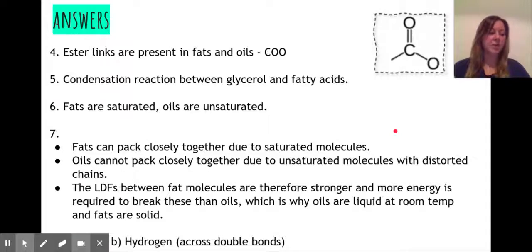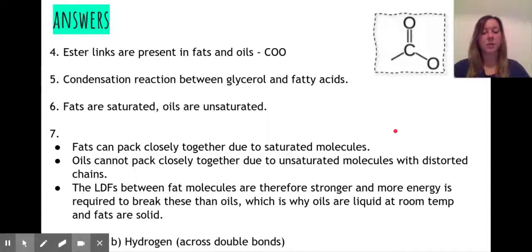Now, number 7 is a 3-mark question, which means we're going to need 3 points for full marks. Fats and oils have similar structures, however, oils tend to be liquid at room temperature, whereas fats are solid. In terms of the structure of fats and oils and the intermolecular forces involved, explain why this is the case. Well, fats can pack closely together due to them being saturated.